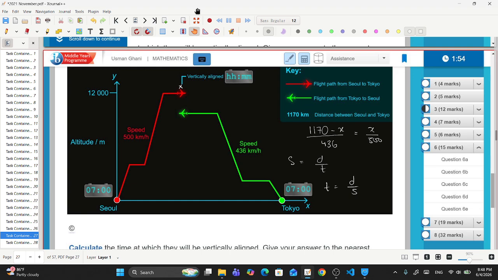If I cross multiply, I'm going to get 500 into 1170 minus x equals 436x. 500 multiplied by 1170 becomes 58500 minus 500x equals 436.